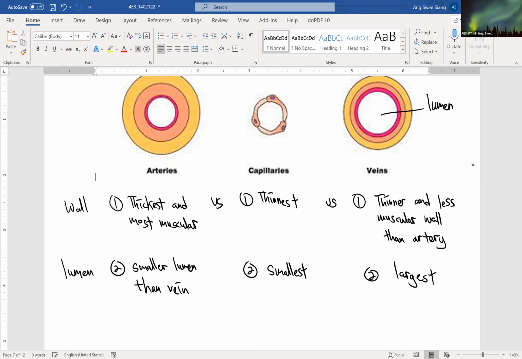Any other difference can you all see? What else can you see on the diagram? There is at least one more thing you can say. Sing Ray, can you tell us the third difference?